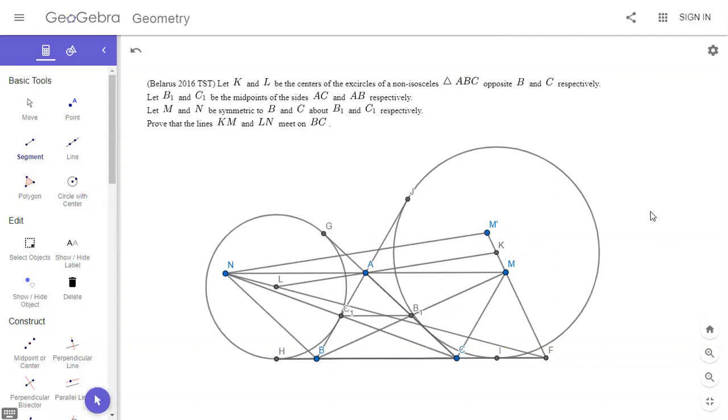So if you look at triangle FKL and this line right here, then AN is equal to AM, and that's what I was thinking.